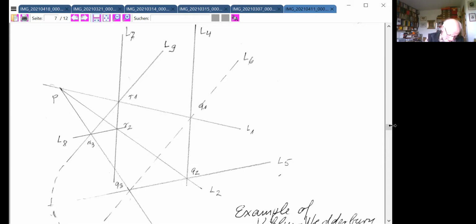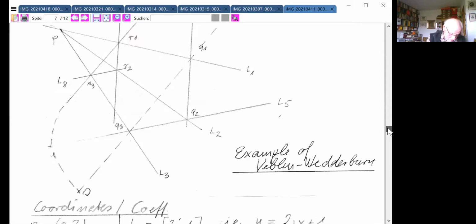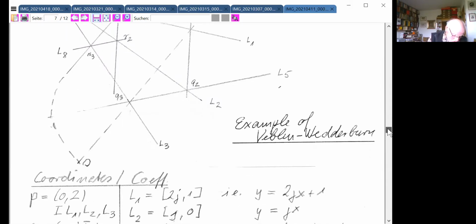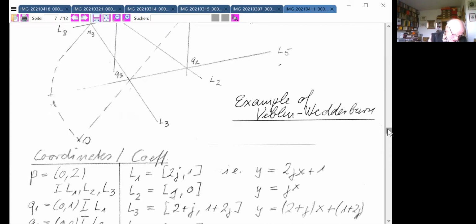We choose L4 to be, so to say, the x-axis, and L5 to be the y-axis. And then we must determine certain coordinates. We can choose Q1 to be 0, 1, Q2 as 0, 0, the origin, and Q3 as 1, 0.